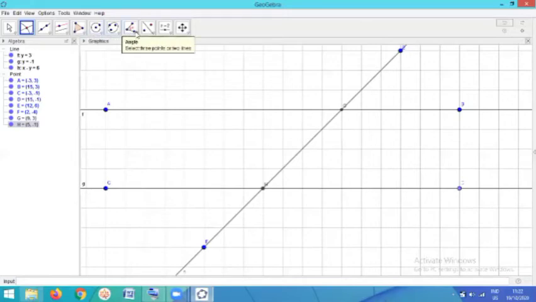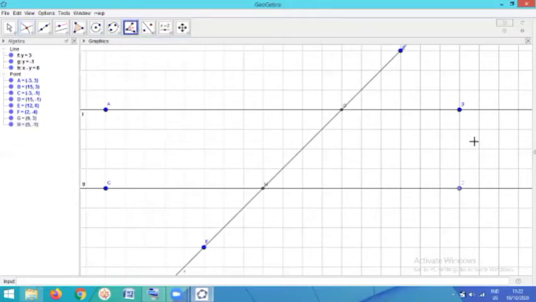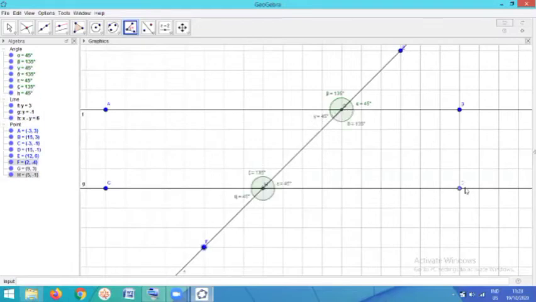To show the angles, click the angle tool and then click 3 points that form the angle in sequence in a counterclockwise direction. And then we name each angle with a different symbol, and we give the same color to angles of the same size.